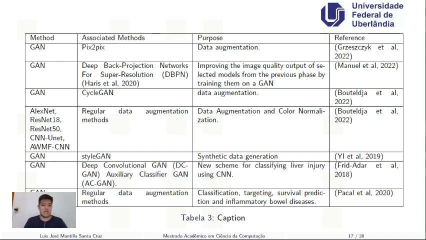We have CycleGANs. The proposal is data augmentation. We have many methods associated with regular data augmentation, for example scaling, rotating, etc., basically to generate data augmentation, and color normalization. We have StyleGAN to generate synthetic data. We have convolutional GANs and regular methods for data augmentation.